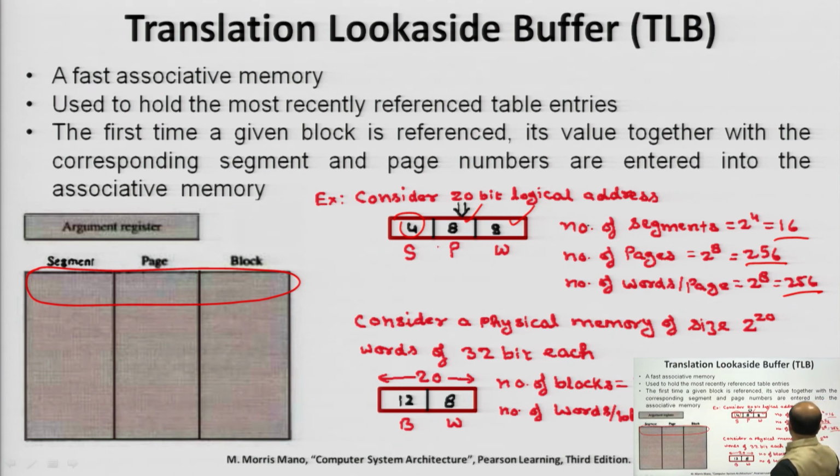Now consider a physical memory of size 2 to the power 20. Physical memory is divided into two parts, block number and word number. How many blocks are there? If page size and block size are the same, there will be 2 to the power 12 blocks available in the main memory. So 12 bits will be given to the block and 8 bits will be given to the word.